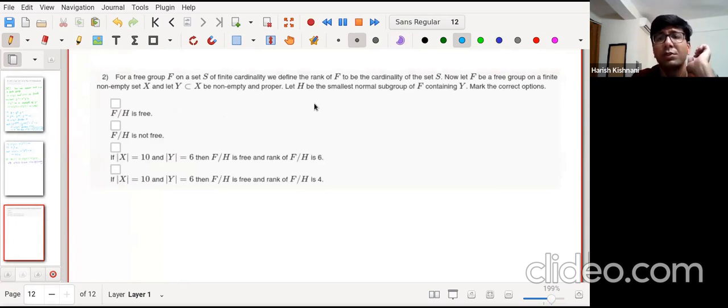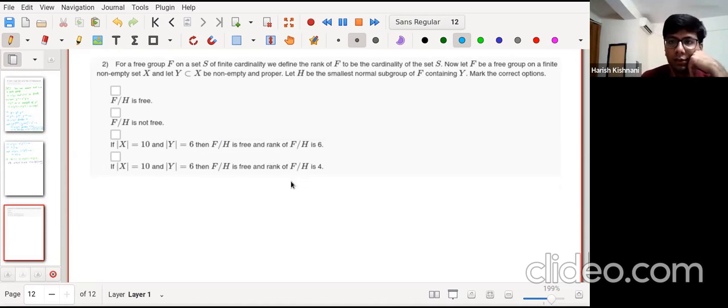H is the smallest normal subgroup which contains Y. So which options are correct? Whether F by H is free or not free, and what you can say about the rank of F modulo H.